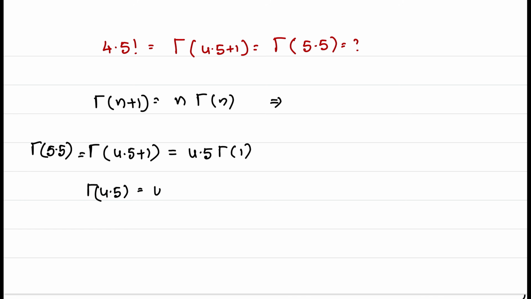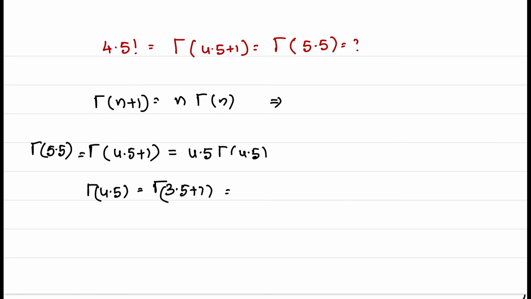It is gamma 3.5 plus 1. Do you agree? Here a little mistake, it is not gamma 1, it is n into gamma n, 4.5 into gamma 4.5.